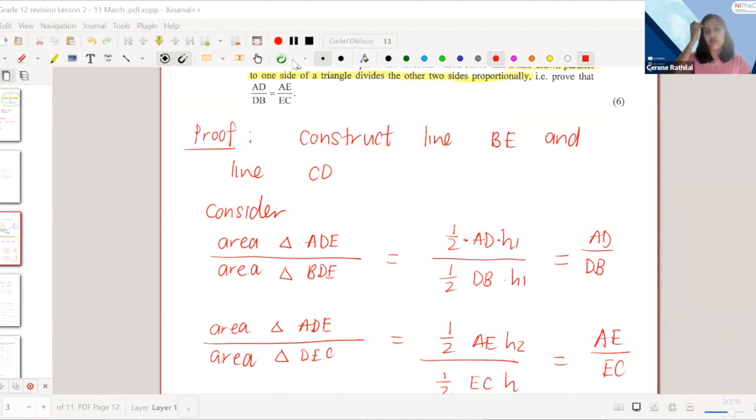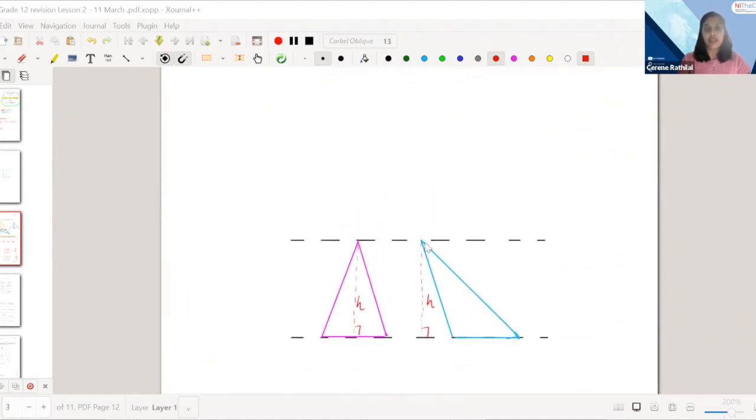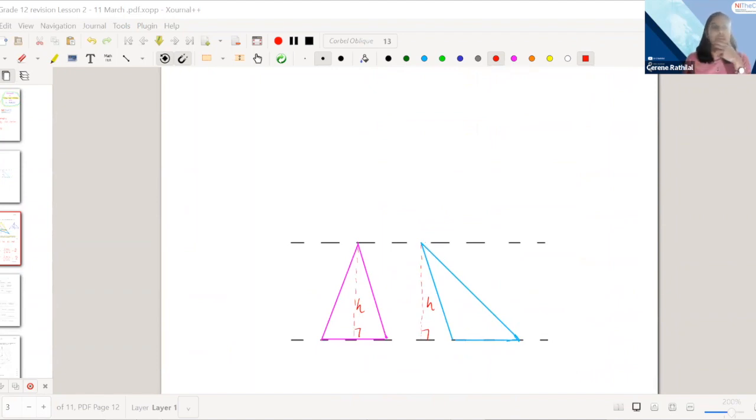Okay, someone says they're a bit confused. So let me explain something very quickly right here. What I have in this picture is two lines and they are parallel to one another. So the line above is parallel to the one below. I've got two triangles that are drawn within these parallel lines.